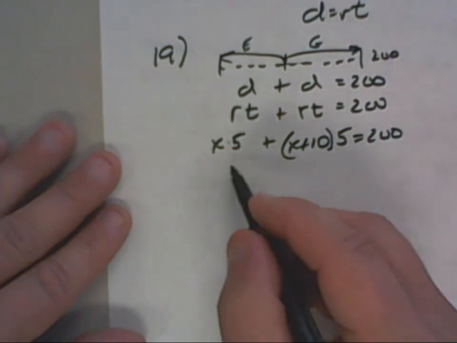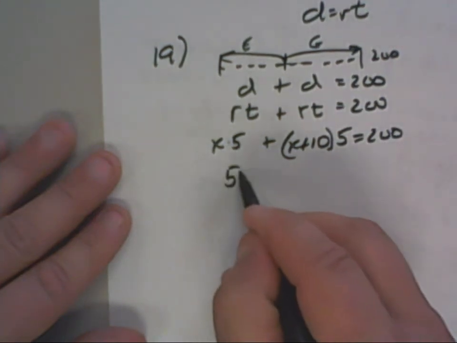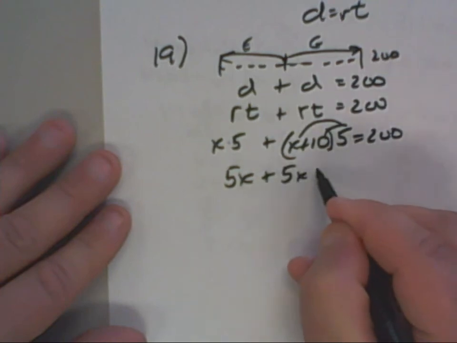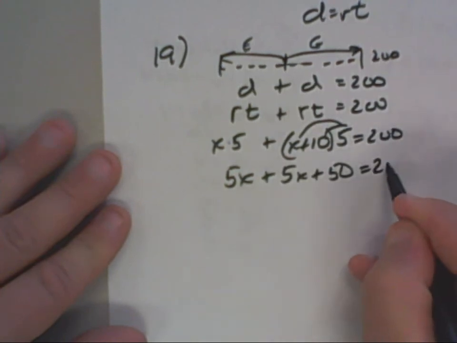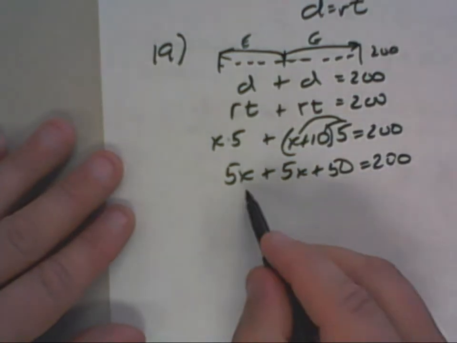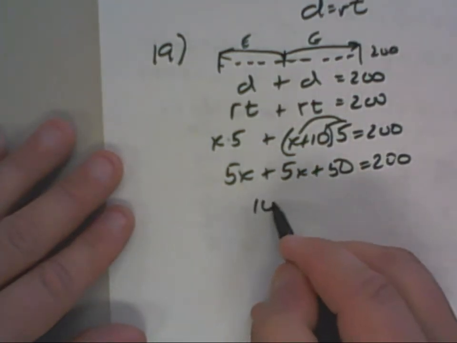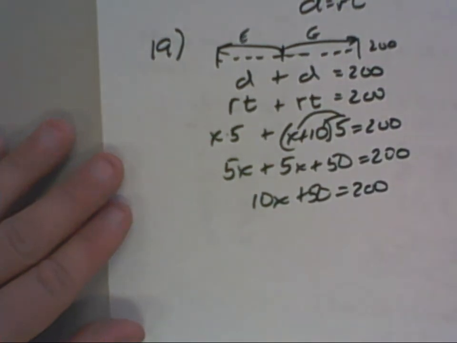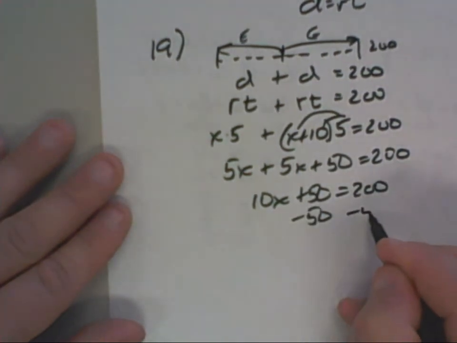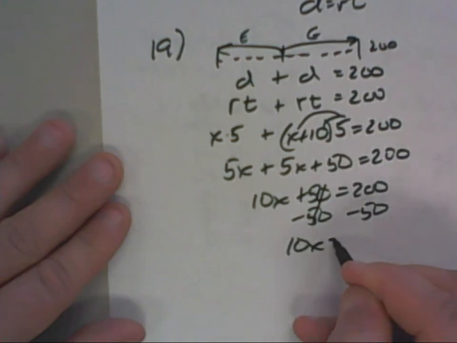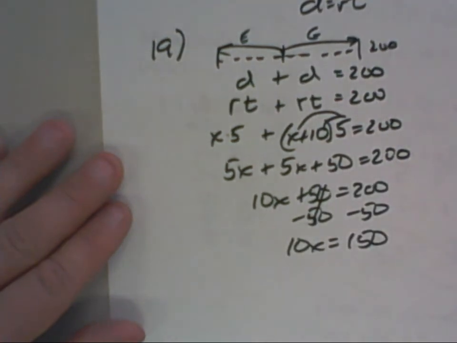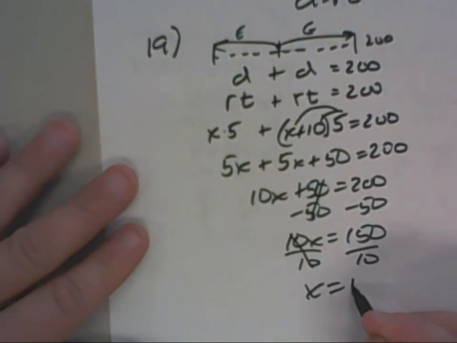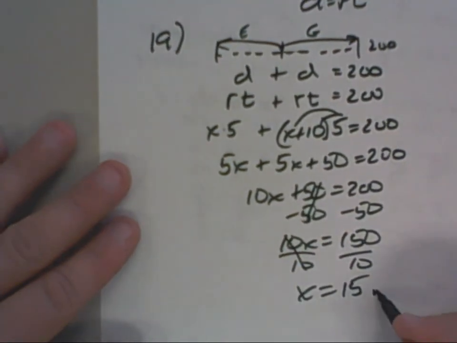And so now we can solve this equation. x times 5 is 5x plus, if I use the distributive property here, 5(x plus 10) is 5x plus 50, equals 200. 5x plus 5x is 10x plus 50 equals 200. If I subtract 50 from both sides, then 10x equals 150. And if I divide both sides by 10, then x is 15 miles per hour.